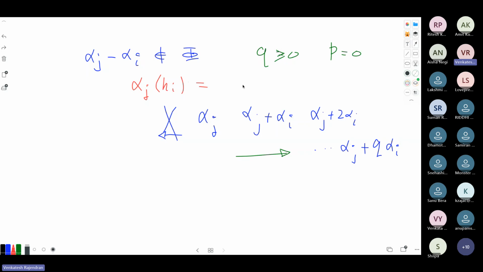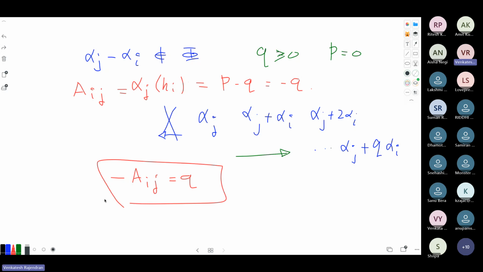alpha j of alpha i check is nothing but p minus q, so it is minus q. But what is this? This is exactly aij. So that means you can go up to minus aij and can't go further.